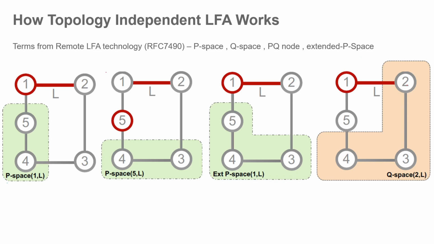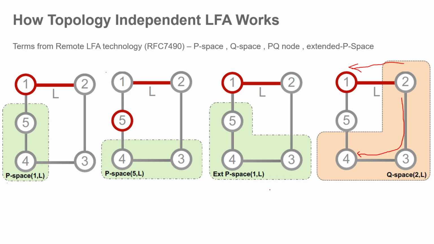So it is always the same as what we discussed in the case of P space. It is the space for router 2 where it can reach without going over the protected path. So the router can reach R3 and R4 without going over the protected path.